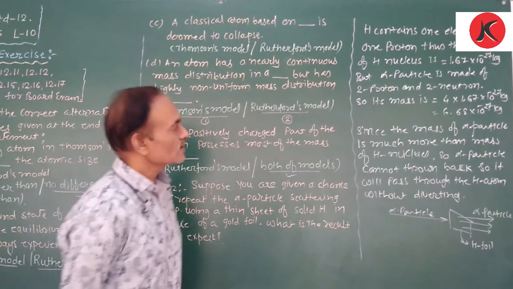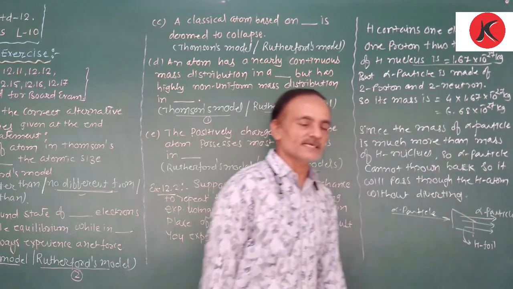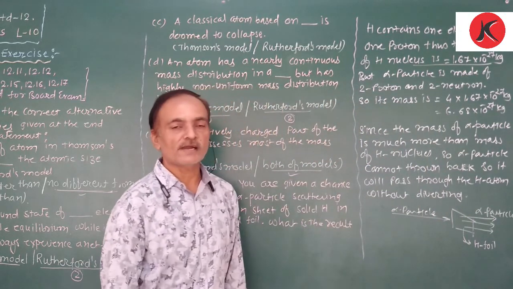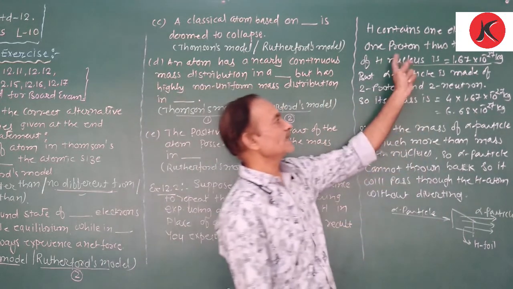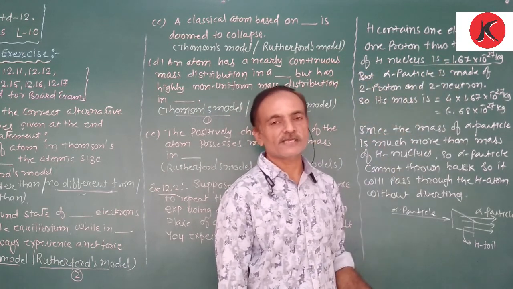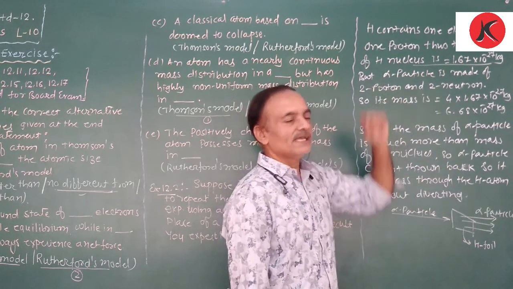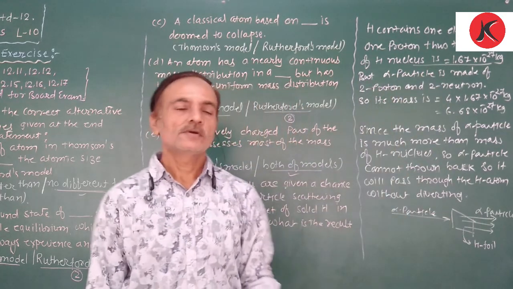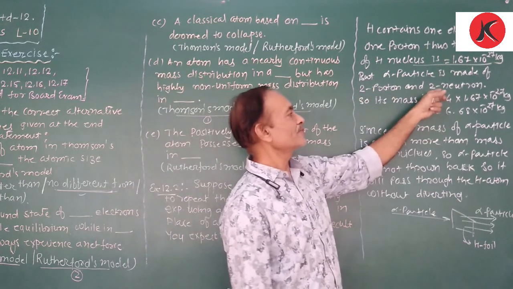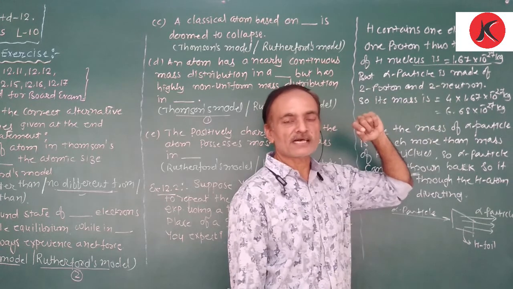So first, to calculate the mass of the hydrogen nucleus: the hydrogen contains one proton and one electron, therefore the mass of the hydrogen nucleus is equal to the mass of the proton, 1.67 × 10^-27 kg. While the alpha particle is made up of two protons and two neutrons, therefore the mass of the alpha particle is 4 times the mass of the proton.